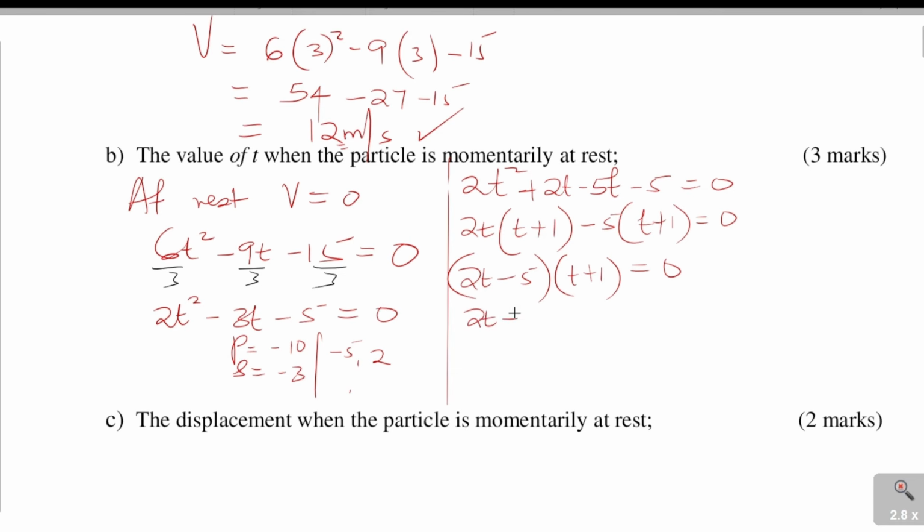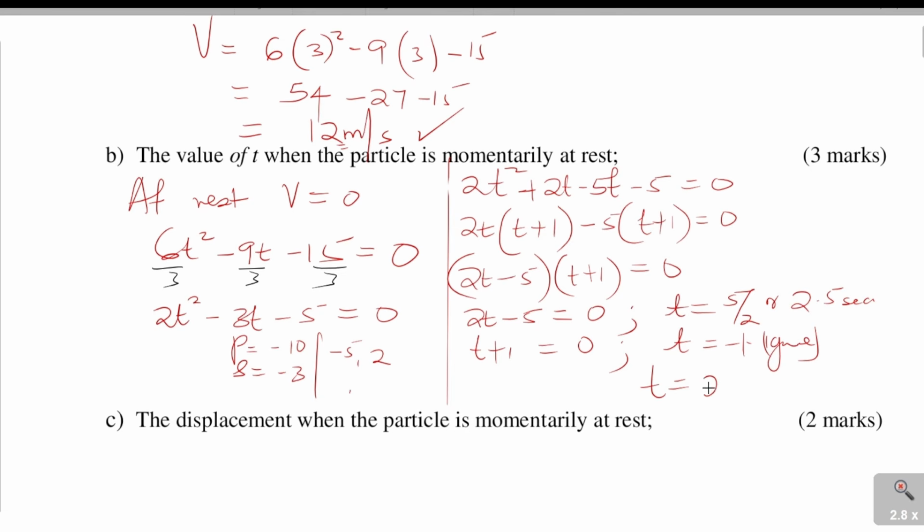First one is 2t minus 5 is equal to 0. So this one will give t as 5 over 2 or 2.5 seconds, or t plus 1 is equal to 0. Here t will give negative 1 second. So you're going to ignore this negative time, and therefore we shall have t as 2.5 seconds.